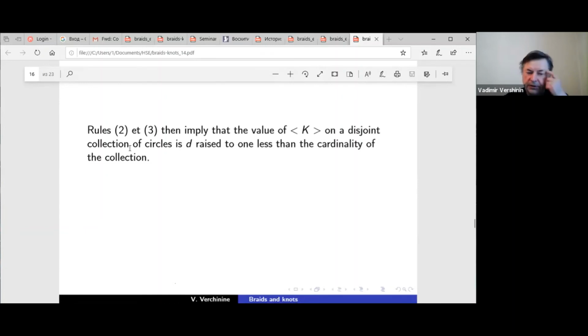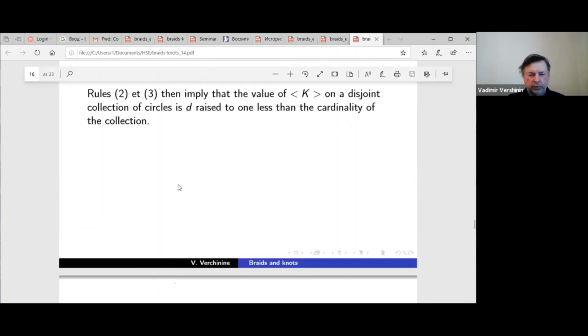So this means that if you finally get several circles, then the bracket should be d raised to the n minus 1, where n is the number of circles. Right, because one circle gives 1, and then 2 circles will give d, and so on.